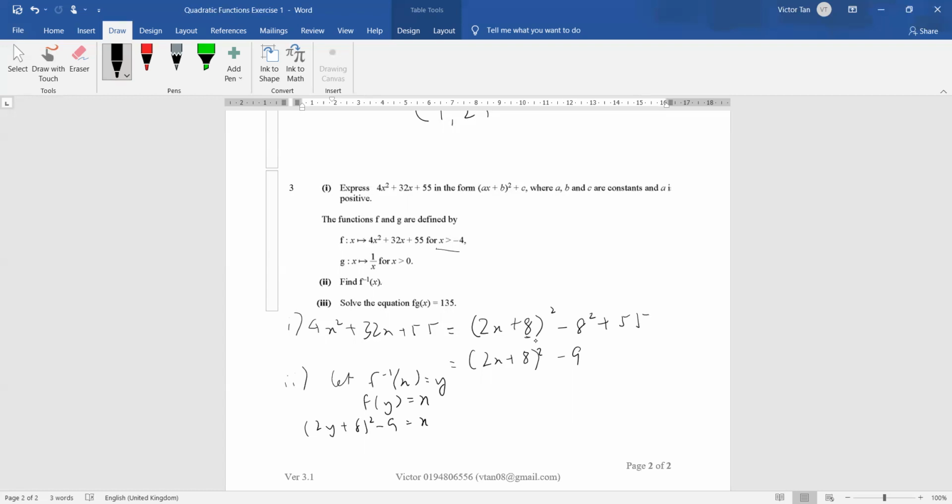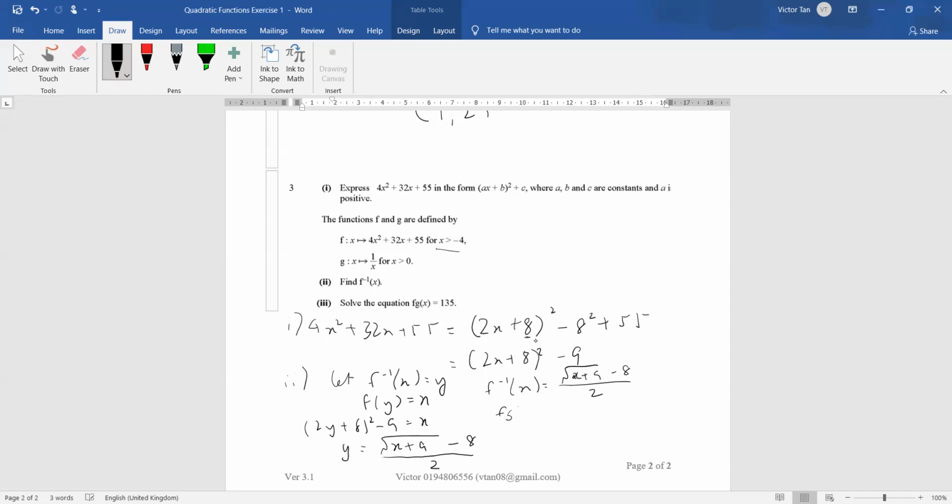So rearranging, y equals square root of x plus 9, minus 8, all over 2. So the inverse function is (square root of x plus 9 minus 8) over 2.